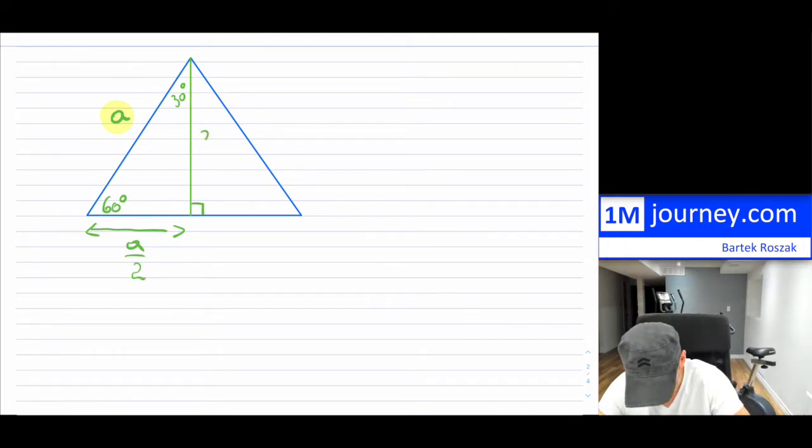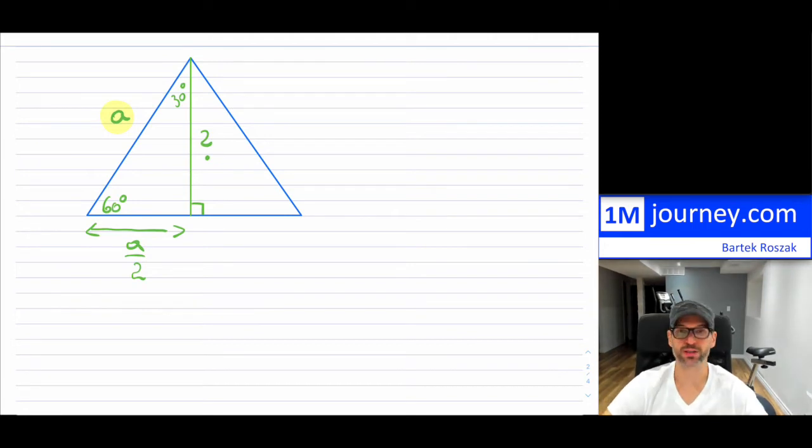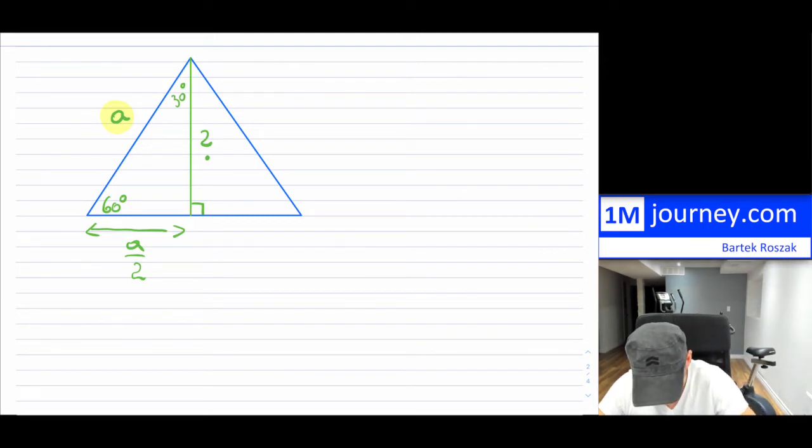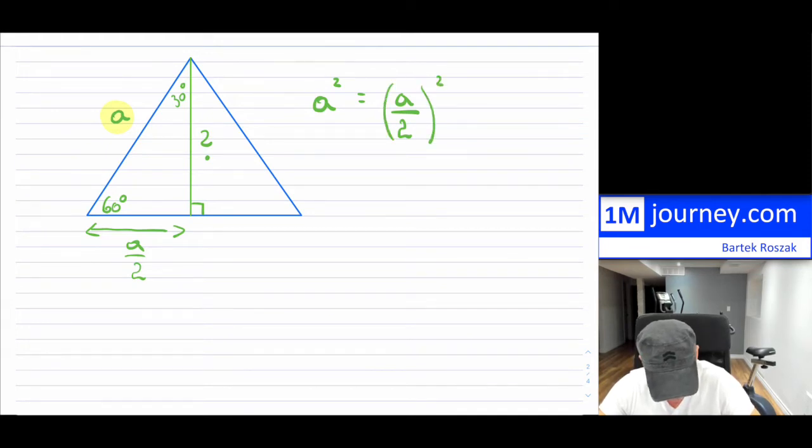And then this side right here, we don't really know what that side is, but we can find it again by using the Pythagorean theorem. So by the Pythagorean theorem, the hypotenuse, which in this case is A squared, because that's opposite the 90 degrees, is equal to A over 2, and the whole thing is squared, so I have to be careful how I write it, plus whatever this unknown is, which is going to be squared.